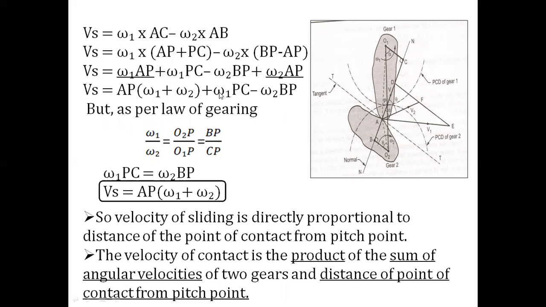This plus and this minus will just cancel each other. The remaining term will be Vs is equal to AP into omega 1 plus omega 2. So velocity of sliding is directly proportional to the distance of the point of contact from the pitch point.